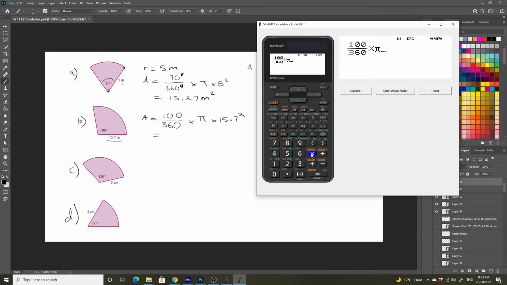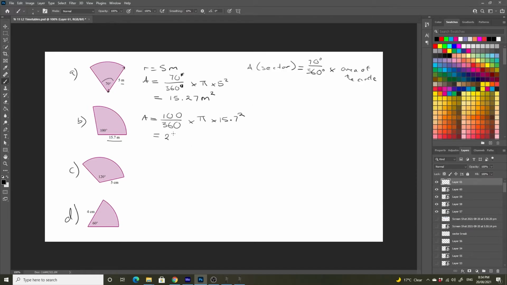times pi times 15.7 squared. Just change this to a decimal and we get 215.10, and we just need to check the units.